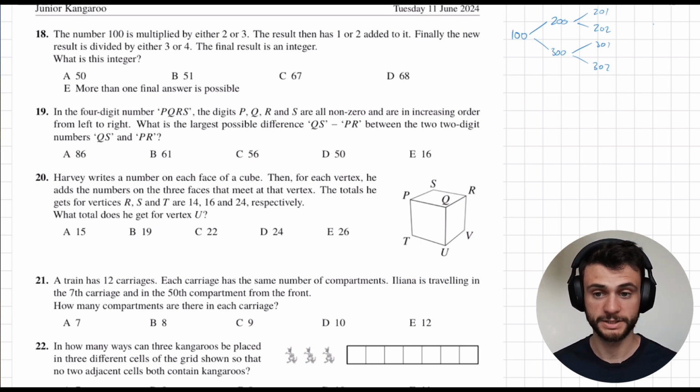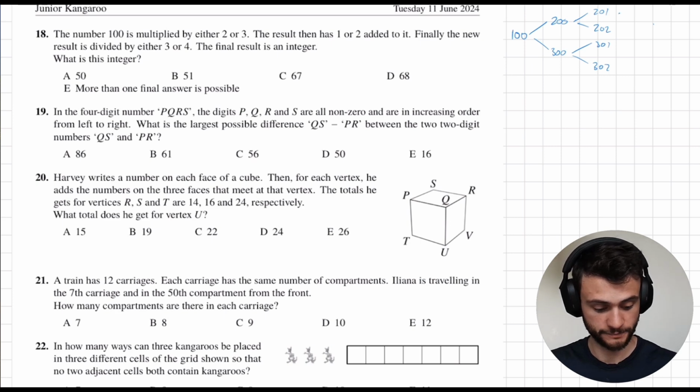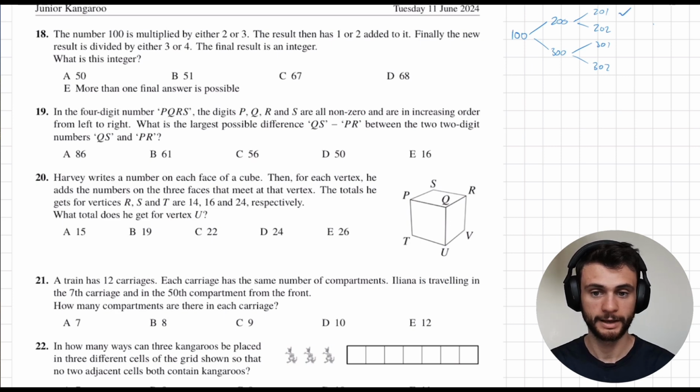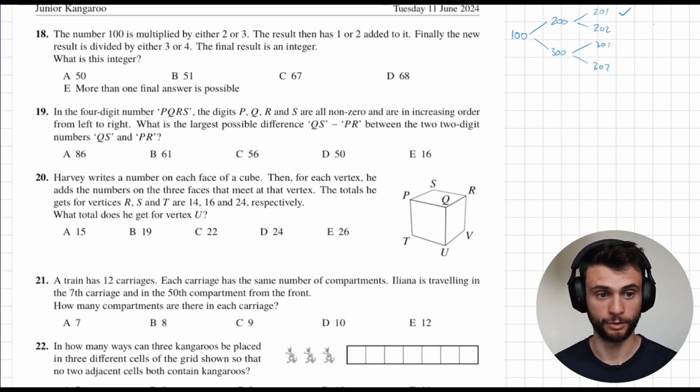So if you remember your divisibility rules for 3, we know that it's divisible by 3 if the sum of the digits is a multiple of 3. So that works for 201. And we know that a number is divisible by 4 if the last 2 digits of the number are also divisible by 4. That doesn't work for any of them. So 1's not divisible by 4, 2 is not divisible by 4.